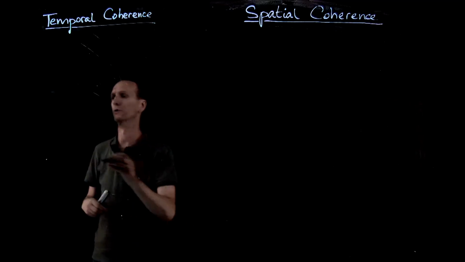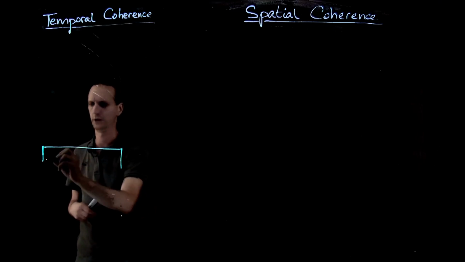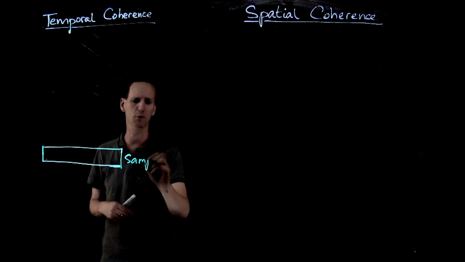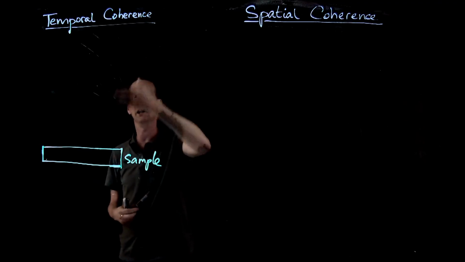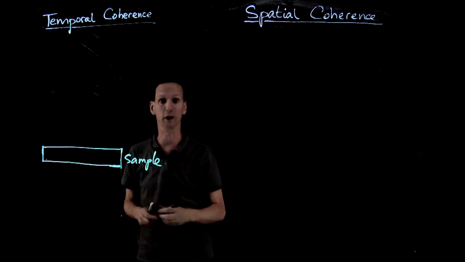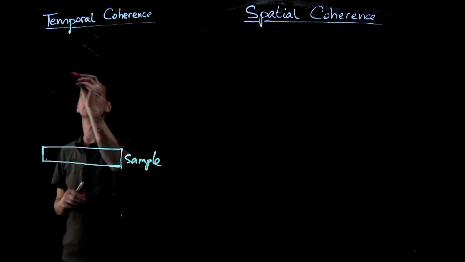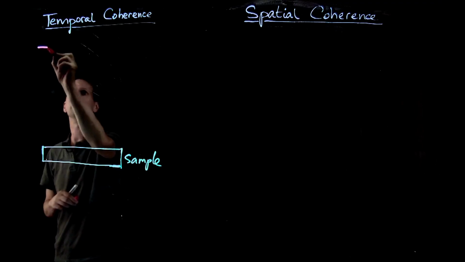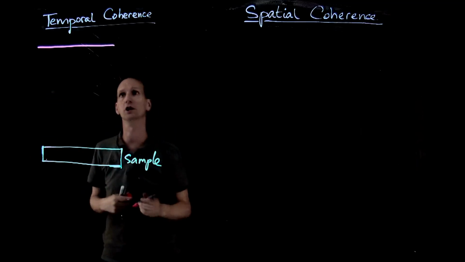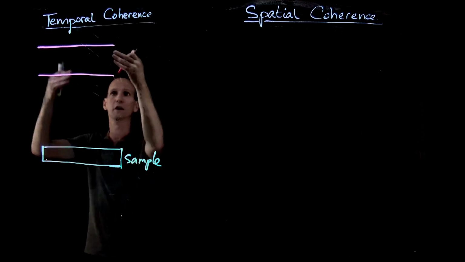Now, if we assume we have a sample in an electron microscope, so here I draw the sample. This is the sample plane. Now, if we have an electron coming in, that electron can be represented as a particle, but here we look at the wave properties. So that electron is represented as a plane wave. So we have a position here at which we know the phase, and then one full oscillation later, so a bit further down the path here, the phase is again the same.